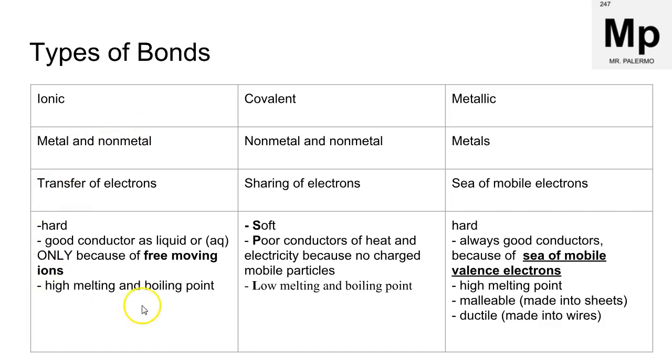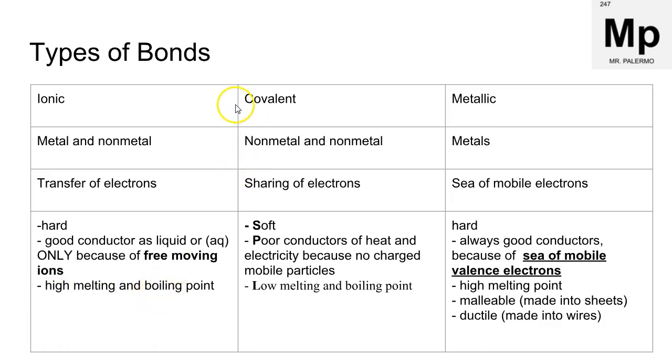And the resulting properties: ionic compounds are typically hard. They're good conductors in the aqueous state, so in solution, or in their liquid molten state. And that's because they have free moving ions when dissolved in water or in liquid form. As a result of the ionic bond, we have a high melting and high boiling point.